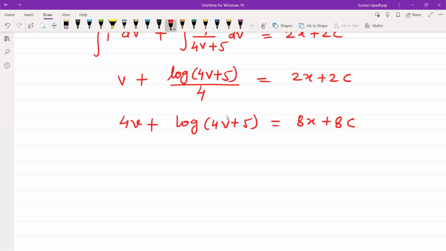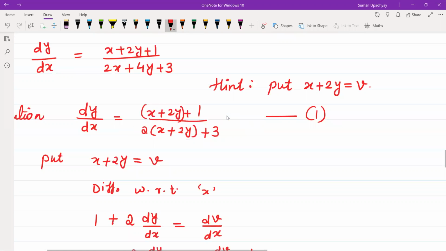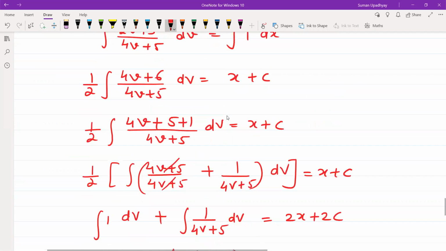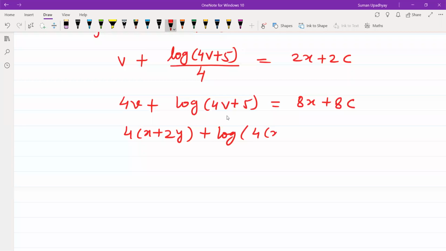Now you replace v, what I had taken. I had taken v as x plus 2y. So I will replace v with x plus 2y. So I will get 4 times x plus 2y plus log of 4 times x plus 2y plus 5 is equals to 8x plus 8c.